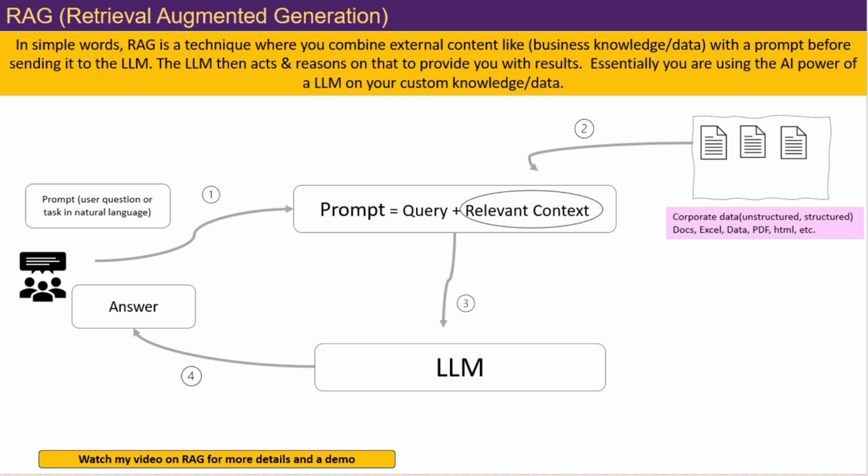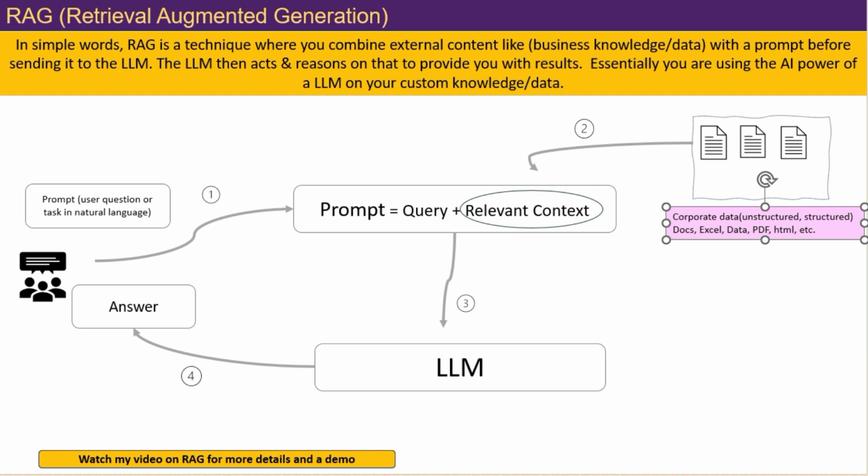This is a pattern you use for more complex use cases where you have a large corpus of domain knowledge, business knowledge residing externally in structured and unstructured data, and you want to create an application which works on this, like a Q&A application, or you want your large language model to do reasoning over this, to do semantic search on this.